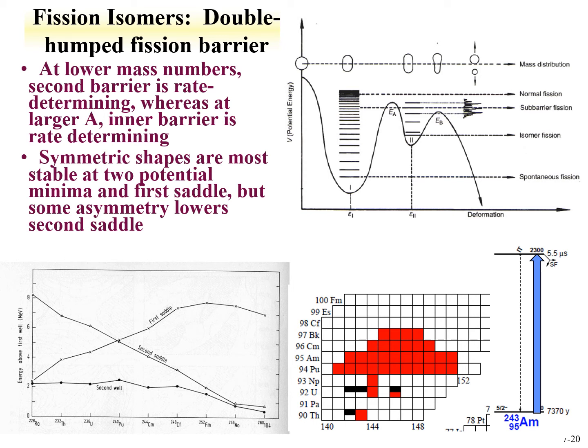What is seen is that if one evaluates the saddle points, so a first saddle point, and this is an evaluation, the figure on the bottom left-hand corner shows energy above the first well for the first saddle point, so that would be this energy, and then the energy above the well for the second saddle point, which is shown here.